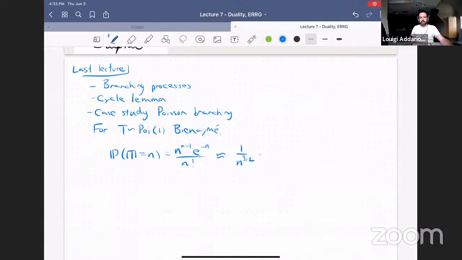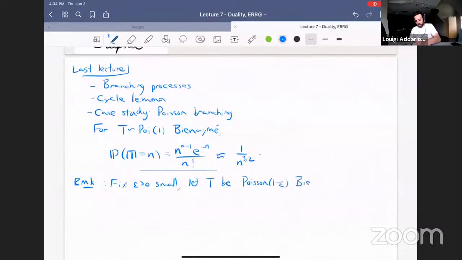Okay, so I'd like to, because it's going to be useful for intuition and it's easy to say right now, mention what happens when we have a Poisson branching process with mean just slightly less than 1. So let's fix some parameter epsilon small and let T be Poisson 1 minus epsilon Galton-Watson.